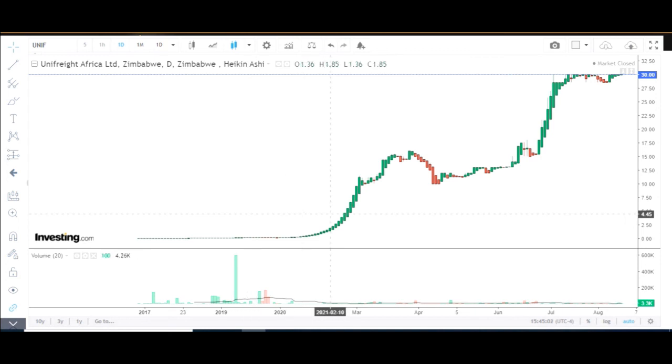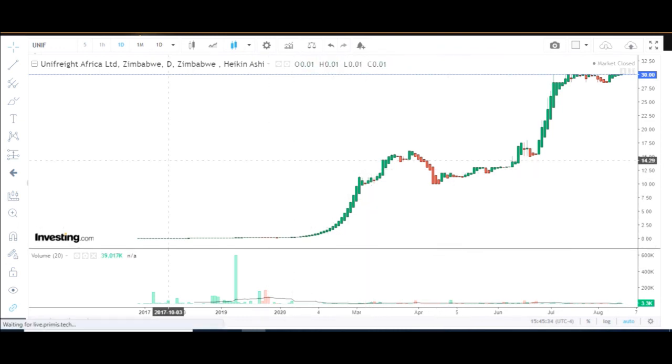And if we look at the price from January, we would see that we had a minimum price of 31 cents, but the current price right now is at $30 in local currency. A beautiful trend there. So the screener has actually done a good job for us.